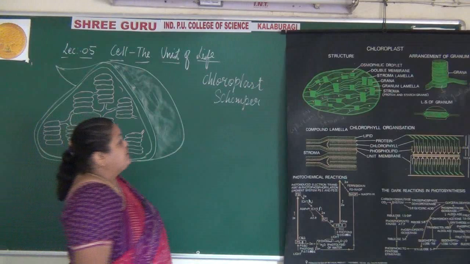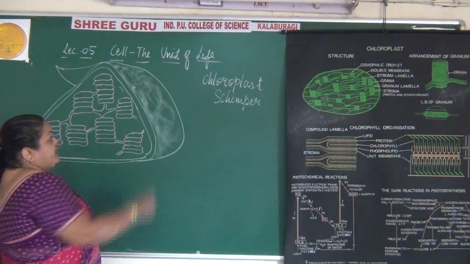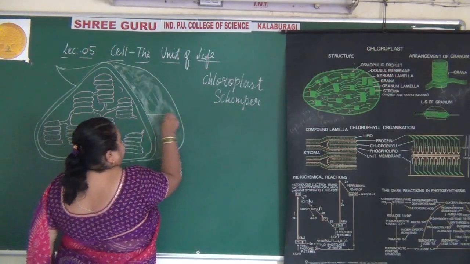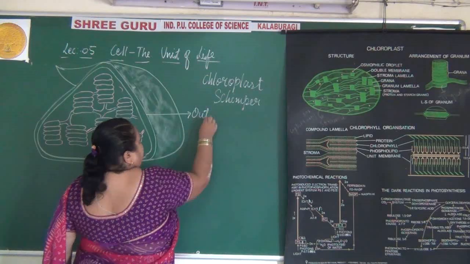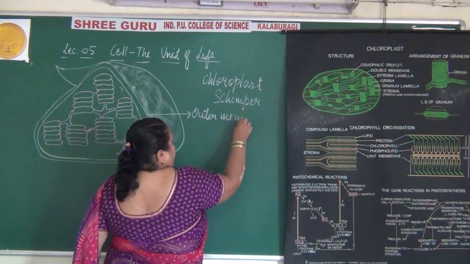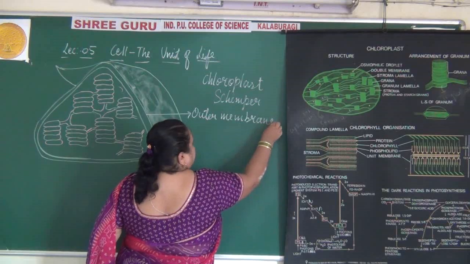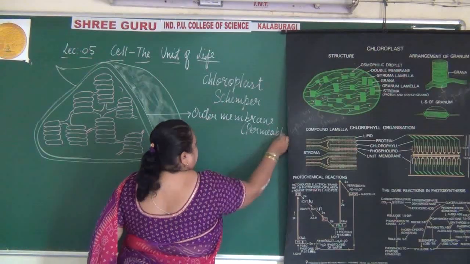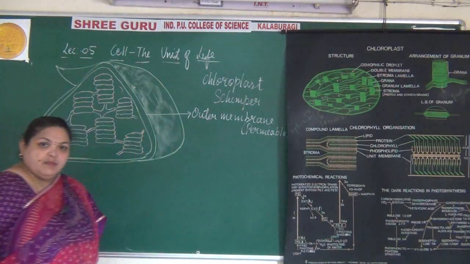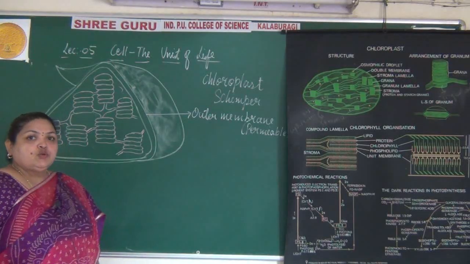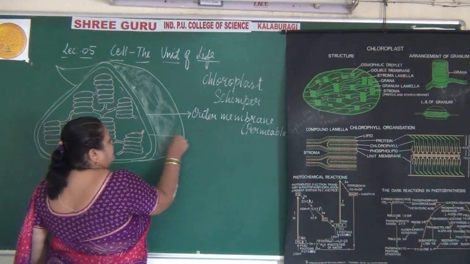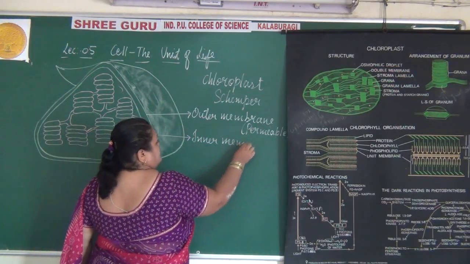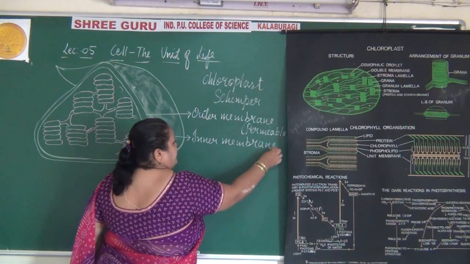Look at the chart or the diagram that is given. It is a double membrane organelle, having an outer membrane which is permeable, which allows substances to pass through it, while the inner membrane is impermeable.